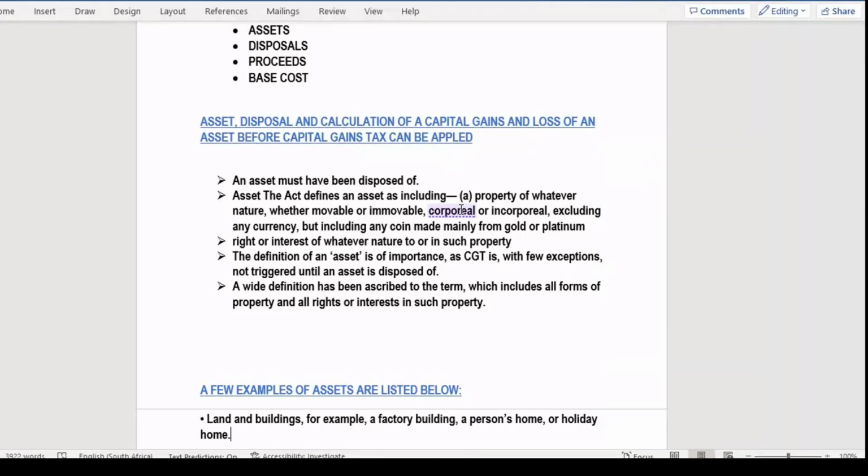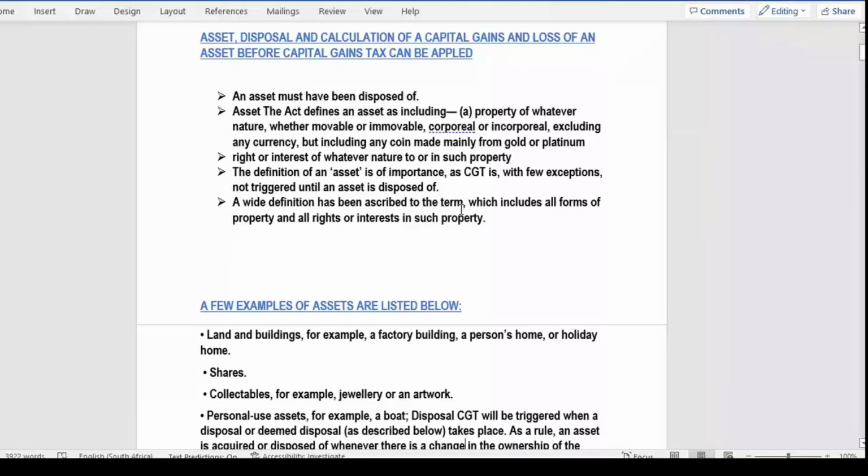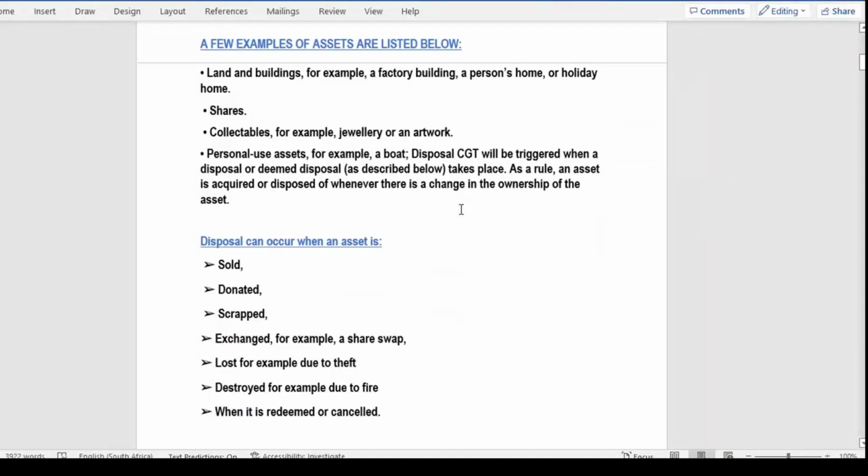The definition of an asset is important, as CGT, with few exceptions, is not triggered until the asset is disposed of. A wide definition has been ascribed to the term, which includes all forms of property and all rights or interests in such property.